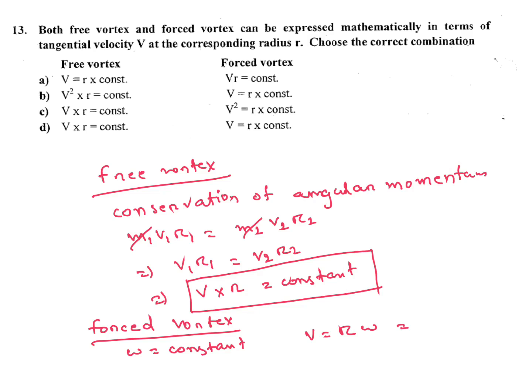So V by R equal to omega equal to constant. So forced vortex, V by R equal to constant. From option, V into R is constant, and in case of forced vortex V by R is constant. D is our option.